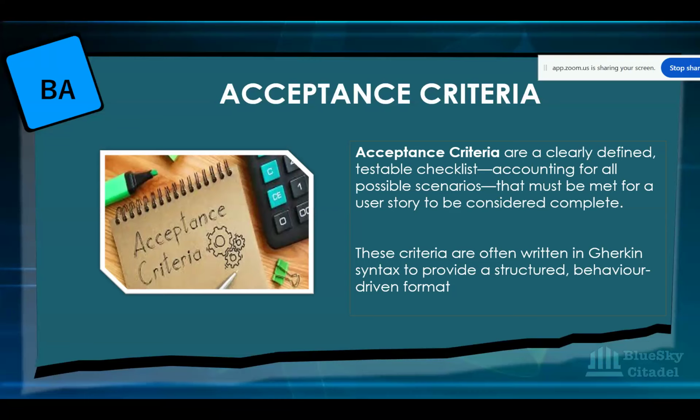The acceptance criteria, what is that? What is that scenario that needs to be met in order for the user story to be complete, to say yes, we have delivered on this user story, right?